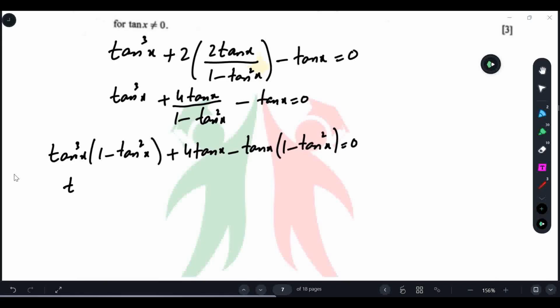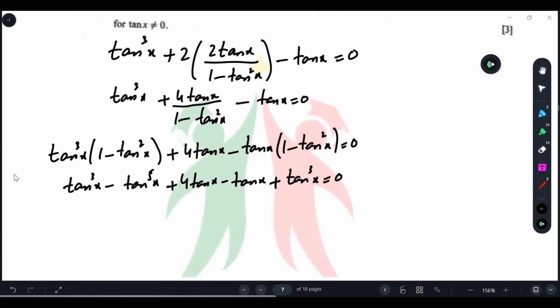Now this will be tan cube of x minus tan 5 of x plus 4 tan of x minus tan of x plus tan cube of x is equal to 0.